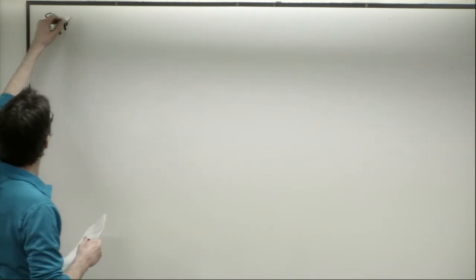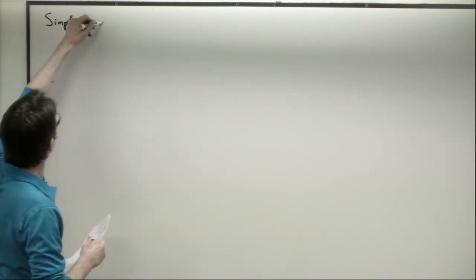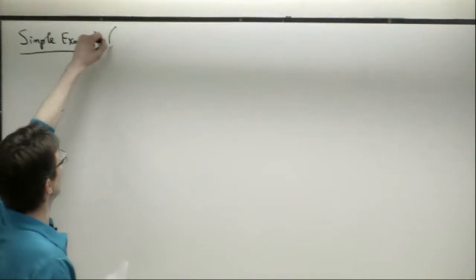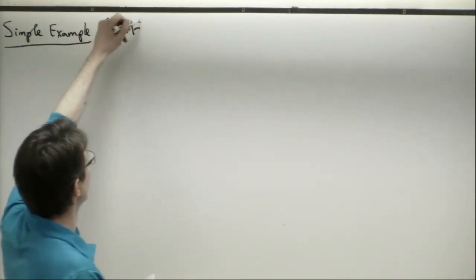Every once in a while, there is a real integral that you really do want to solve, and it's nice to know how to solve it. So this is a simple example to get us started, of the Cauchy integral formula.